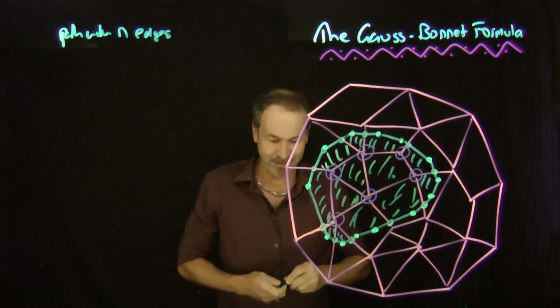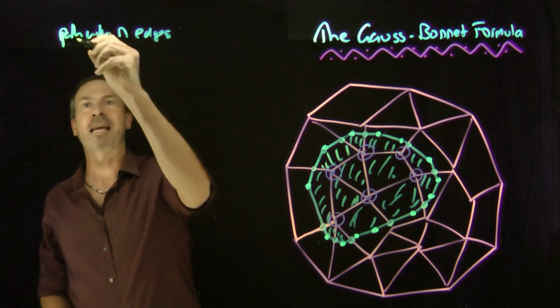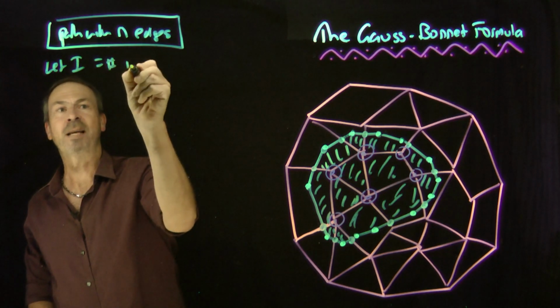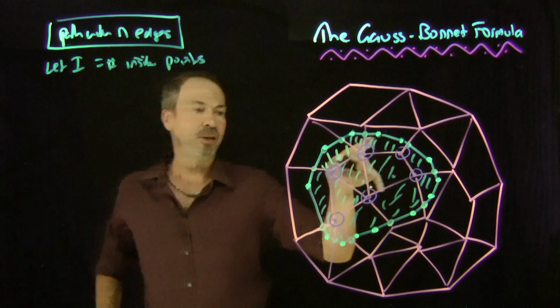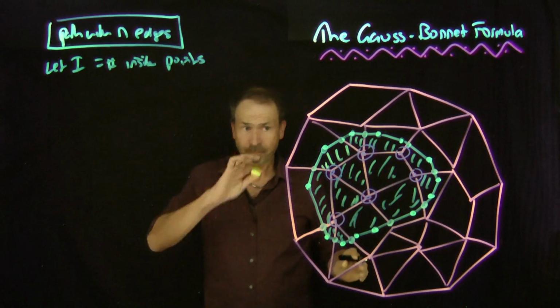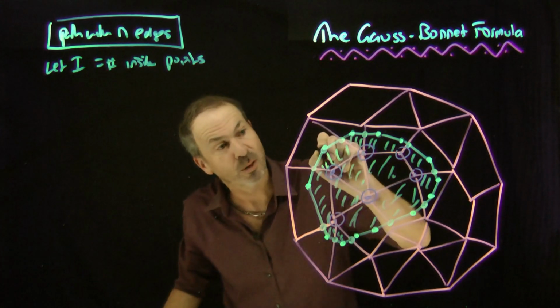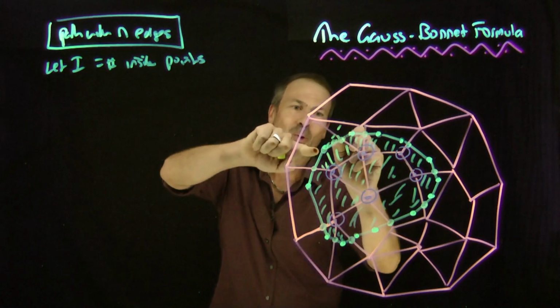All right, so let's just get some notation here. We've got a path with n edges. We'll let I equal the number of inside points, which are the corners of the polyhedron. They're going to cause some interesting trouble. What else should I measure here? Oh, I do want the exterior angles and the interior angles. So we'll work out all these exterior angles.